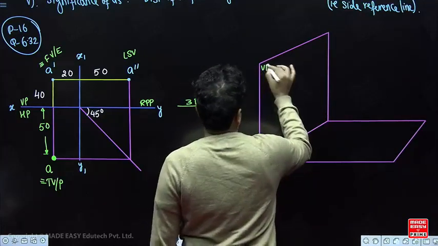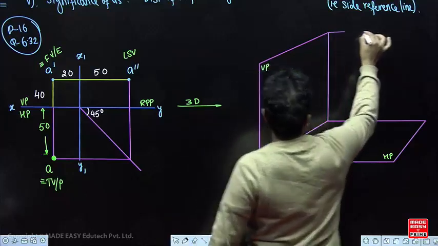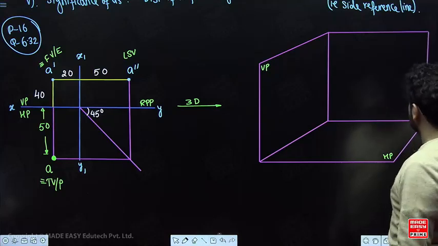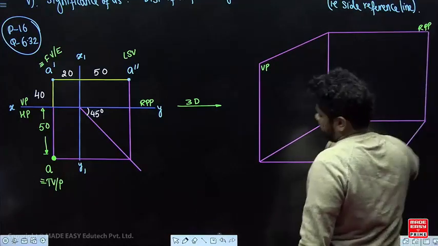This is VP and this is HP. And this is your RPP. Tell me, clear till here?